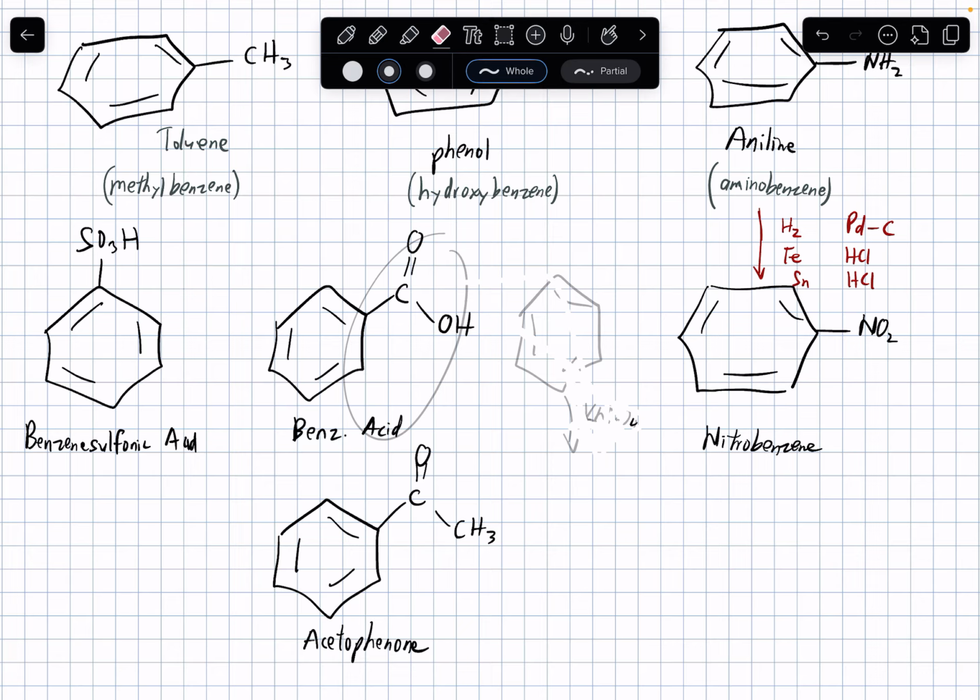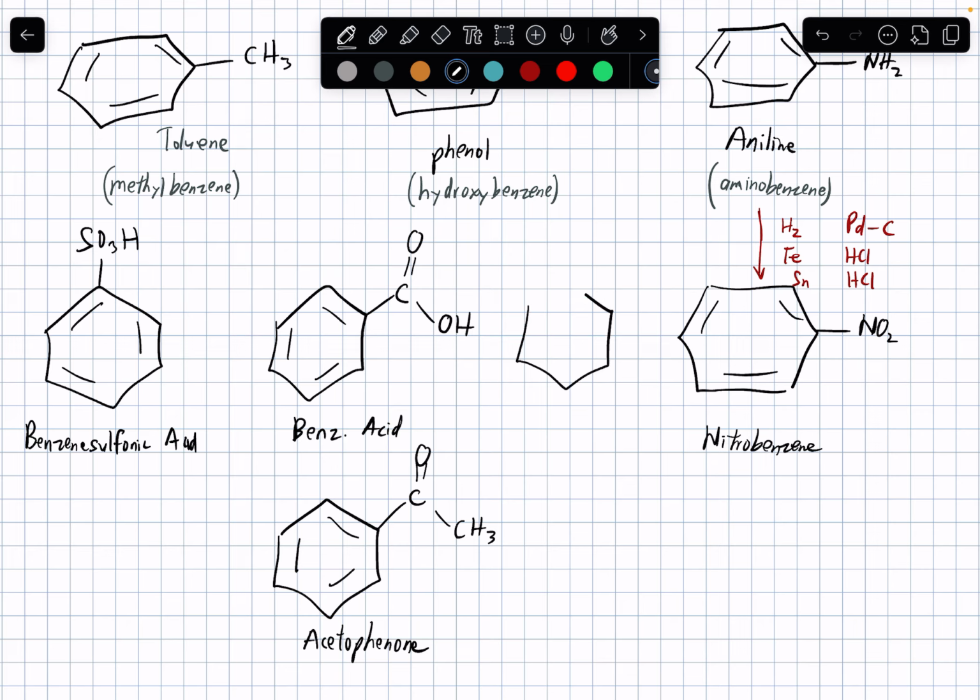So what do you call that reaction specifically? It's the oxidation of alkyl benzenes. So alkyl as in benzene having an alkyl group attached to it.